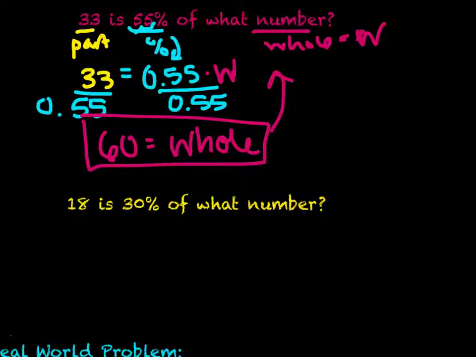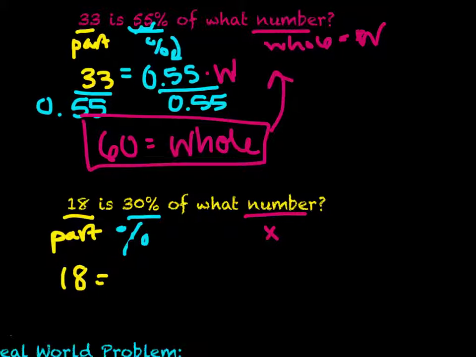Last problem here, we have 18, our part. Our percent is 30%, and our whole in this case is something we don't know, so that's our x. So 18 is 0.3 times x. We're going to divide by 0.3 on both sides.